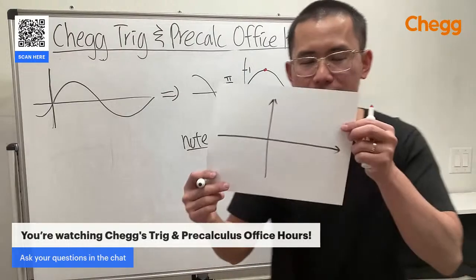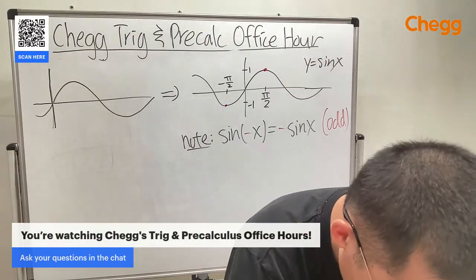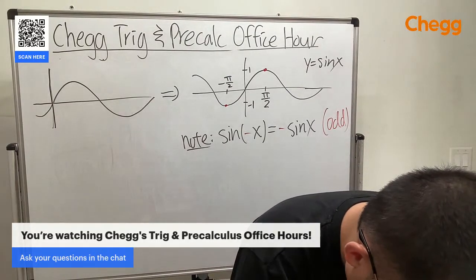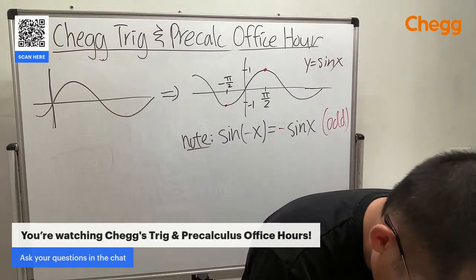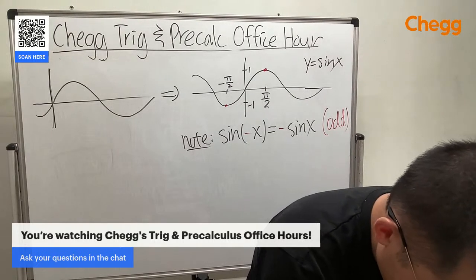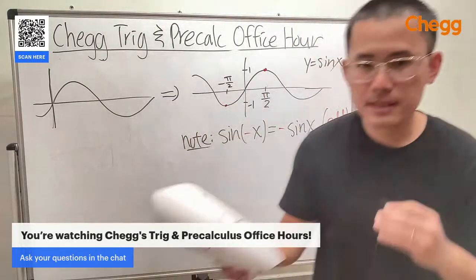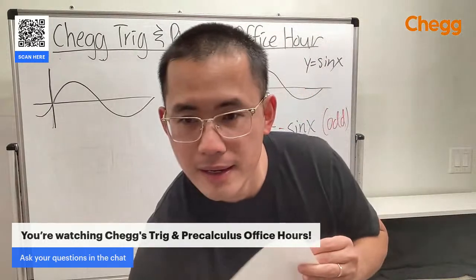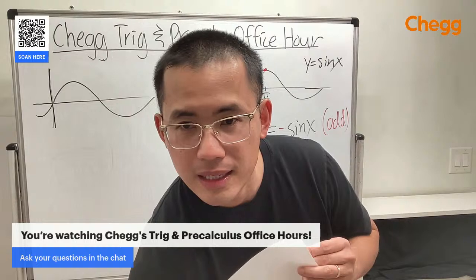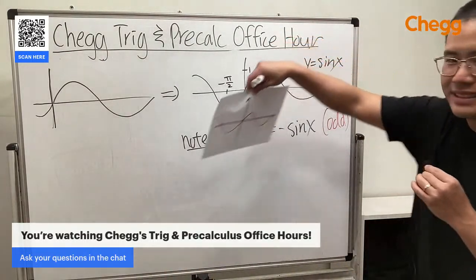So I have my x-axis and my y-axis, and I'm going to give you the sine graph. Okay, this is my sine graph.